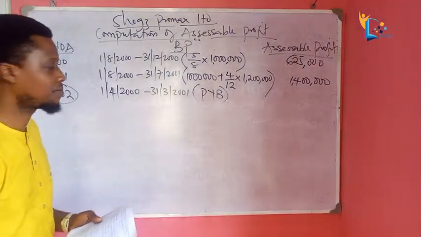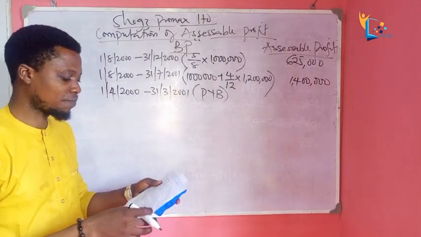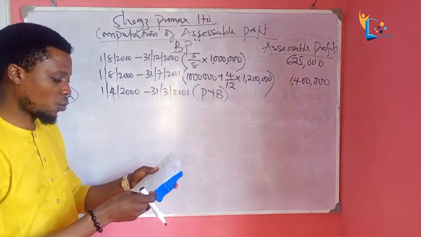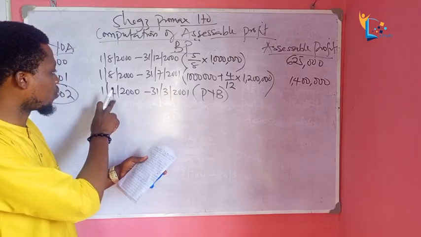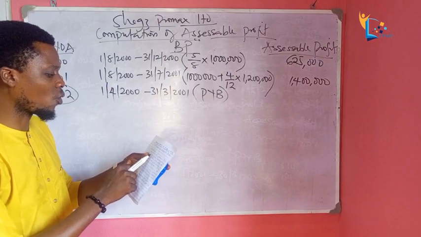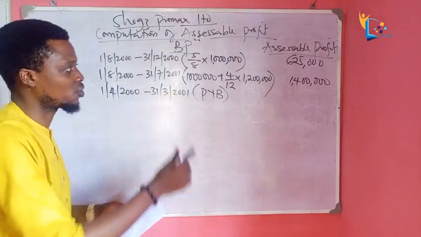So we'll now check our information. Do we have this information in our question? This is 1st of April 2000. Meanwhile, the company started 1st of August 2000. So April is before August. So we don't have this information.